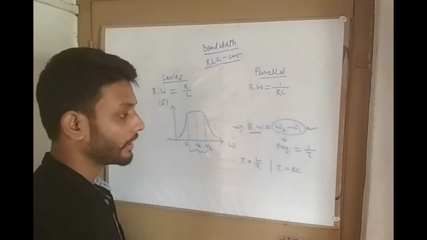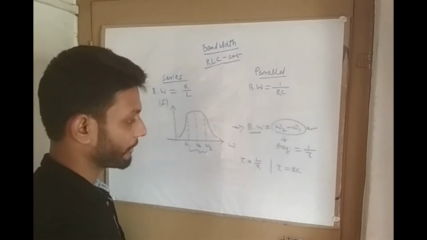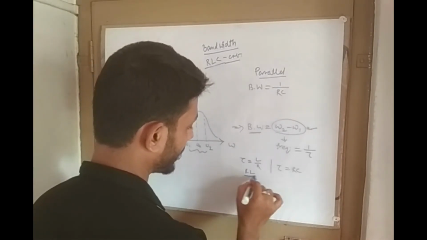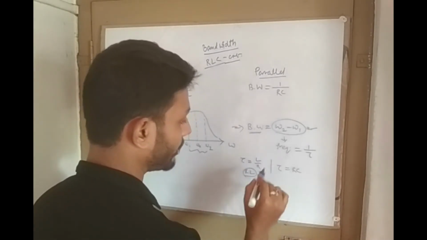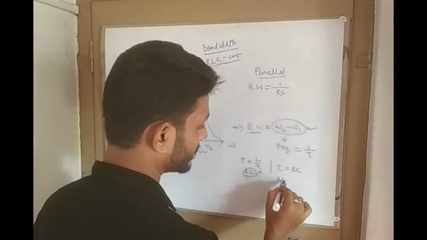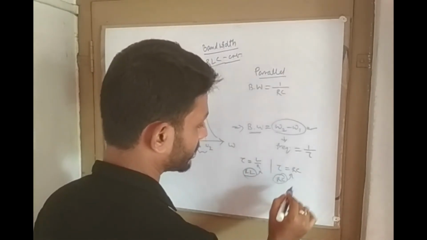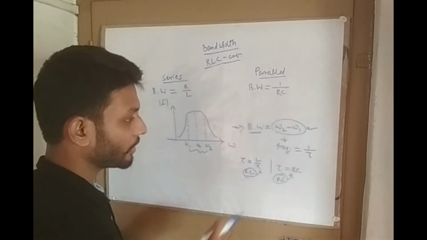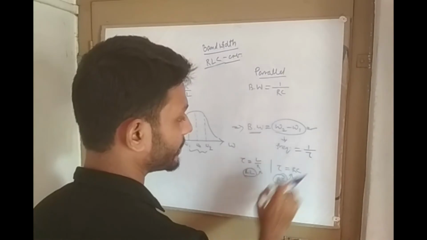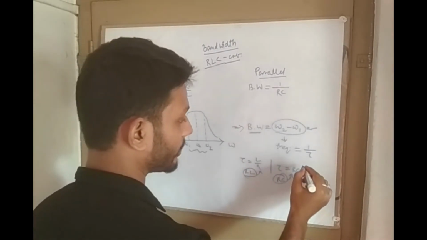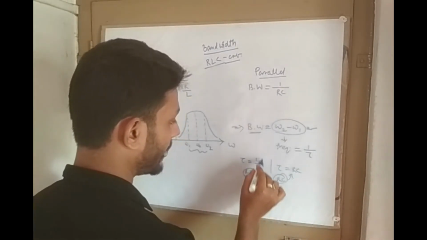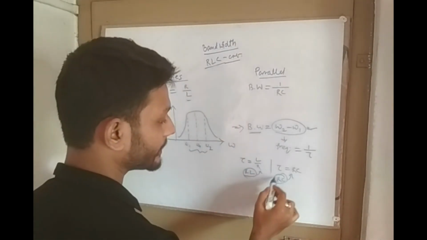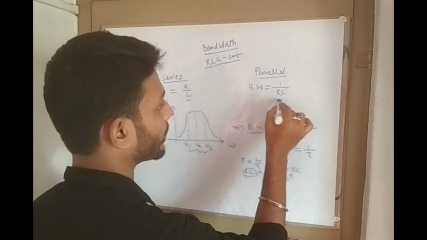It is different, but you can remember in this way. The RL series circuit, in case the tau value is L by R, and RC parallel circuit, the tau value is RC. So here, as the omega is reverse of the time period, then L by R is becoming R by L and RC is becoming 1 by RC.